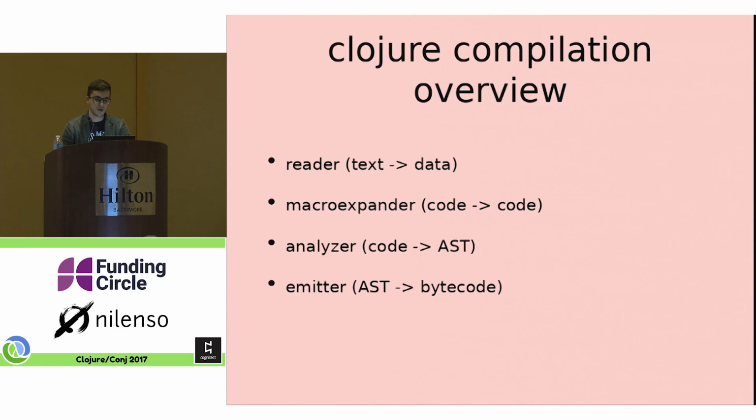Usually in the implementation, the macro expansion and the analysis are done in lockstep, but that is just a performance optimization, so we can think of them as separate phases. And finally, we have an emitter that goes from AST to actual bytecode, which the JVM executes.